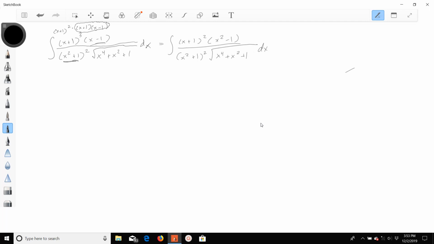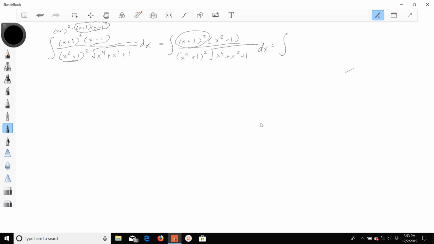Oh yes, okay. I think first what I'm gonna do is just expand this first one out because it's small enough that I don't think it would make much of a difference.